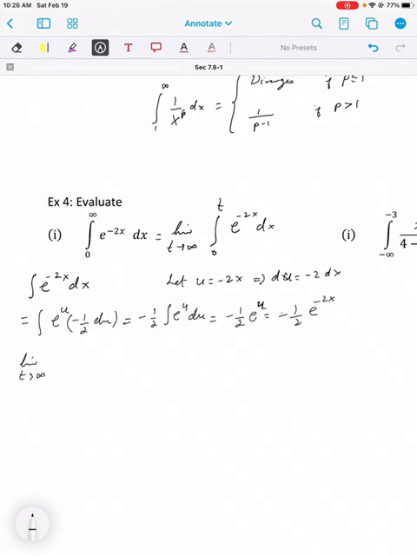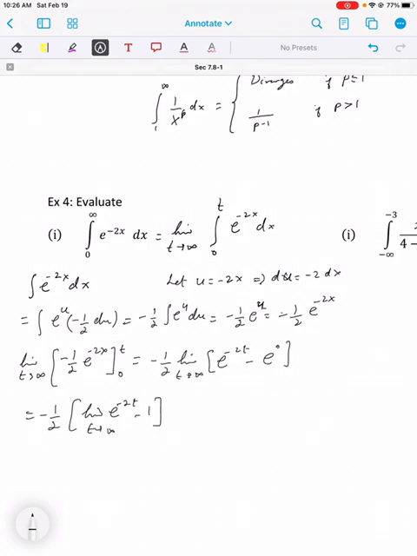So we end up getting minus 1/2 times the limit of e to the minus 2t, t goes to infinity, minus 1. Now this limit, again recall, is 0. So we end up getting the answer negative 1/2 times 0 minus 1, or 1/2. So this is a convergent integral, or the integral converges.